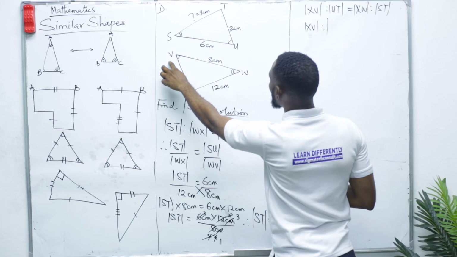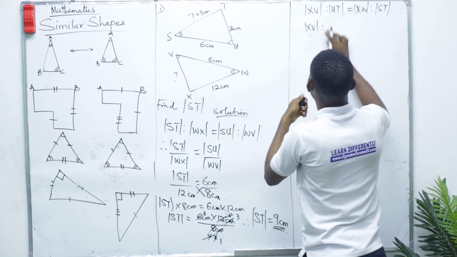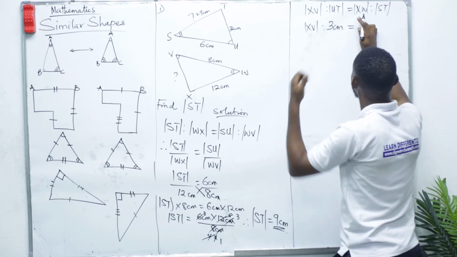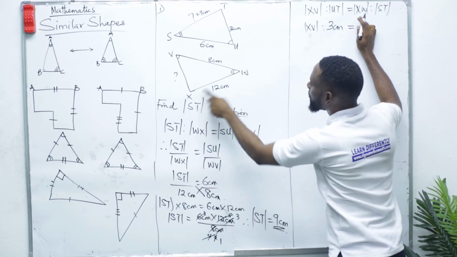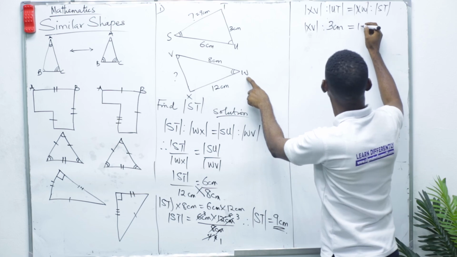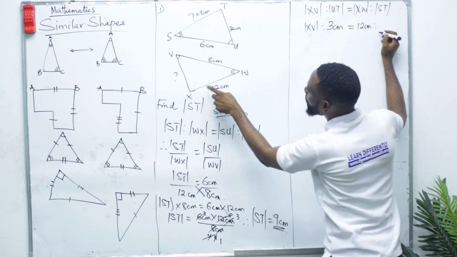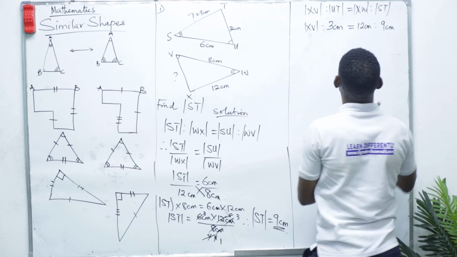UT is 3 cm, is equal to, what is our XW? XW is 12 cm, is to double to nothing is to 9 cm.